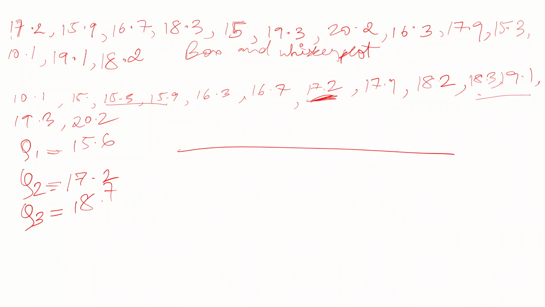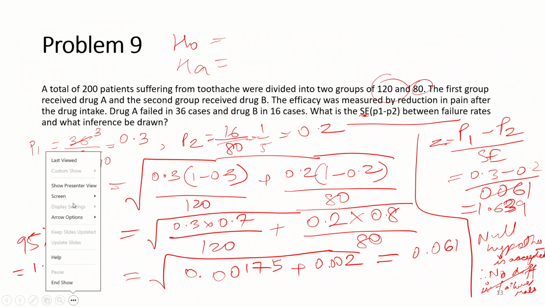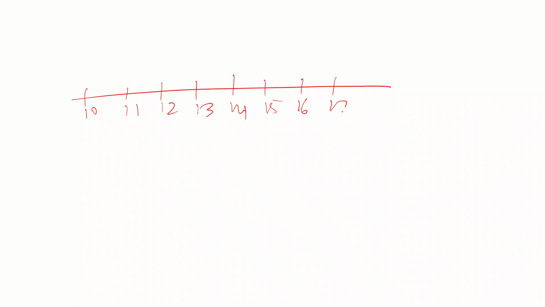So we will have a plot kind of. Q1, so we will get 3.1. The first value is 10.1.